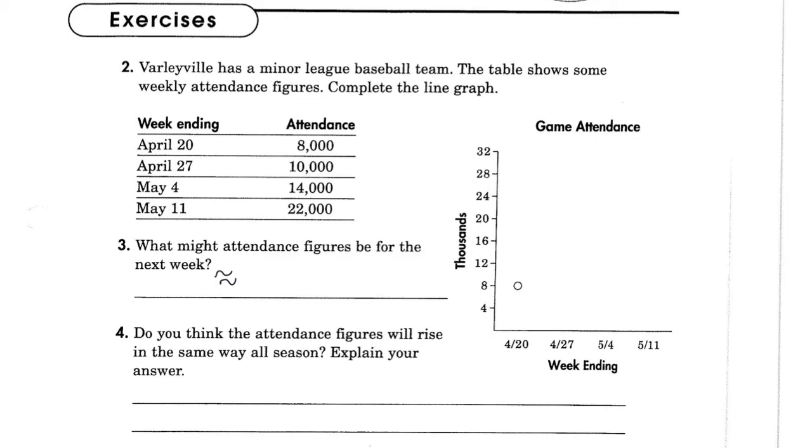When you come to number 4, it says, do you think the attendance figures will rise in the same way all season? Explain your answer. And I'm just saying that if you give me a reasonable answer to whether you think it will rise or not rise, then you will get credit for problem number 4. So make sure you get those two things finished.